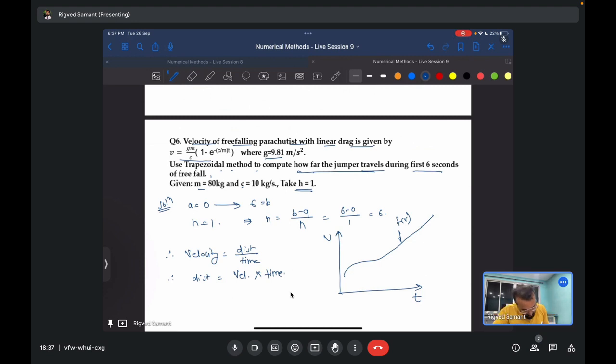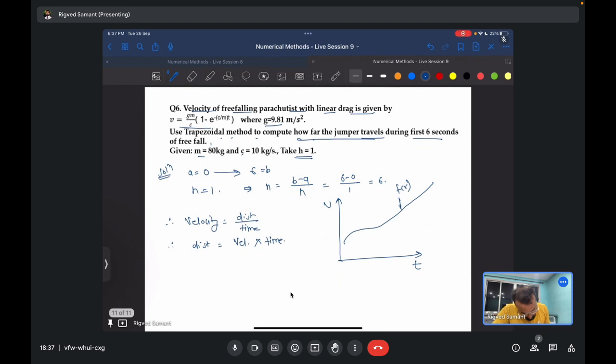If you remember your plus 2 physics, s is equal to integral of v dt, right? So here you have to go from a to b only.